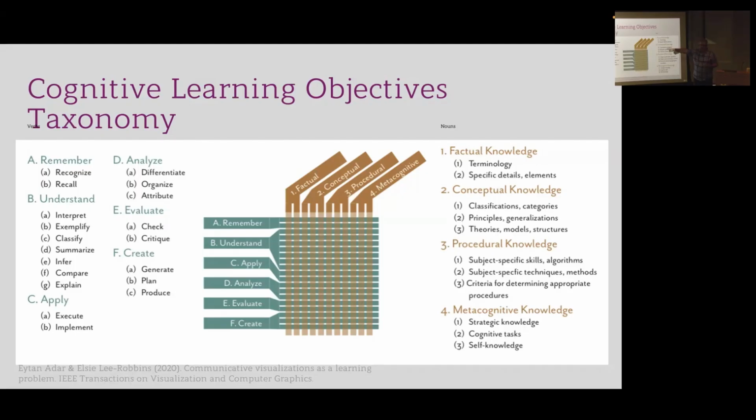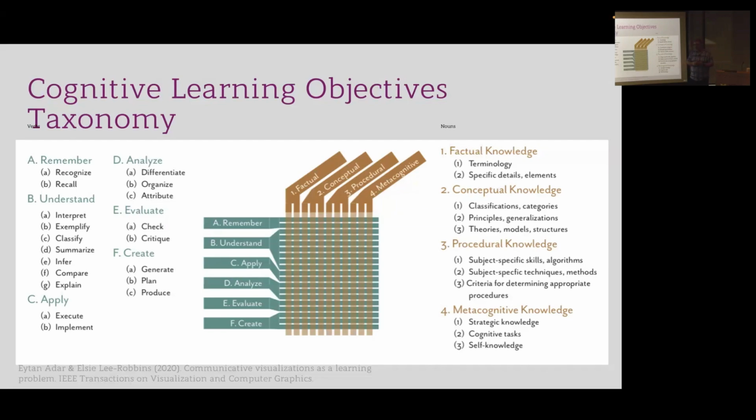The verbs are higher level, essentially hierarchical, not always the case, but different levels of cognitive difficulty. Remember a single fact, like that unemployment in California is some percent, versus some metacognitive thing about reasoning about your own learning at the far extreme. Being able to generate theories, that's at the far extreme of creation.